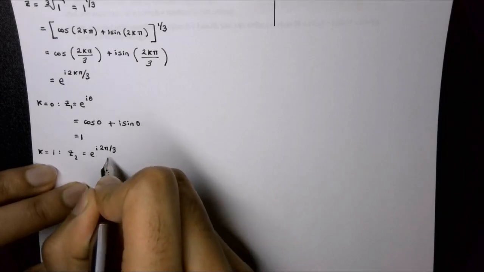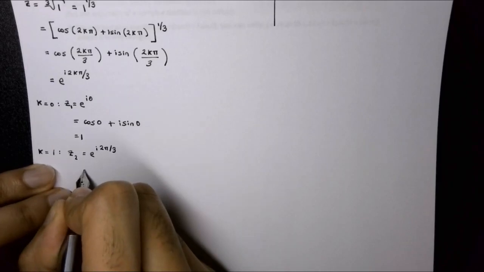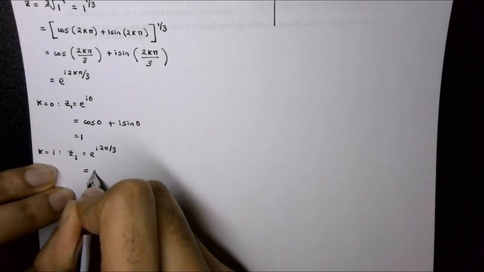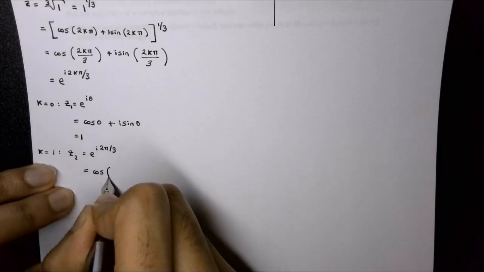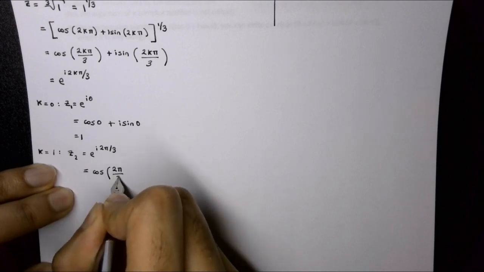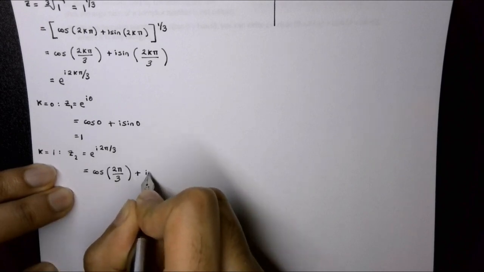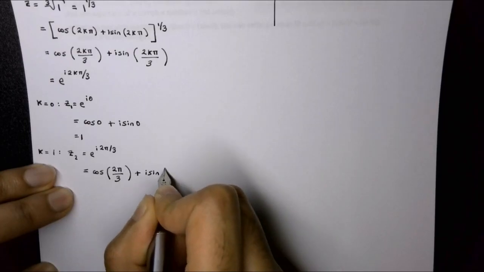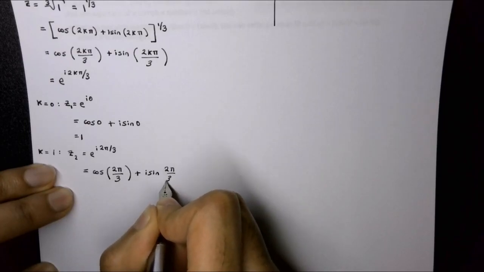And if we use the mod-arg form, we have cos of 2π/3 plus i sine of 2π/3.